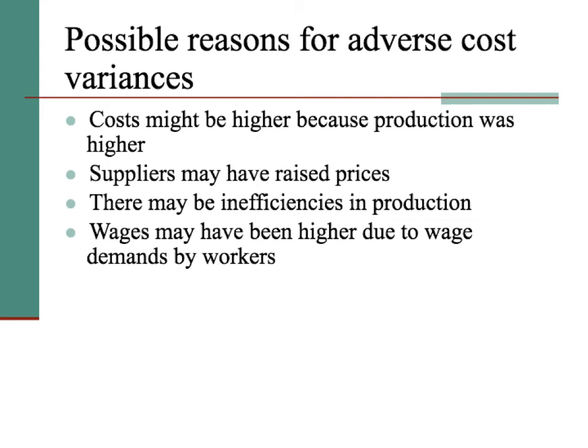Okay, so as a business manager, I might also want to look at the adverse cost variances, because there would be things that I think, well, this is eating into my profit, and perhaps I need to find reasons so that I can plan for it if it happens in the future again. So let's look at the reasons. I think it might be because production was higher.